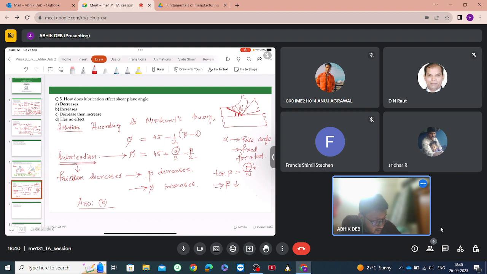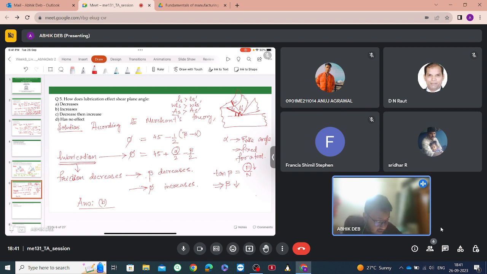Now, since ls is greater than ls dash and the width is the same, w multiplied by ls is greater than w multiplied by ls dash. So the shear area of the chip in this case will be greater than the shear area had the friction angle been higher.